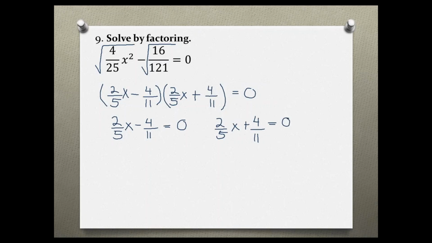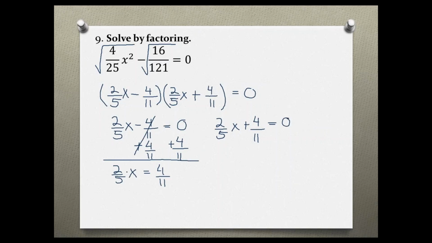And now I can solve for x. My first step is I'm going to add 4 over 11 to both sides. And that will leave me with 2 over 5 x equal to 4 over 11.